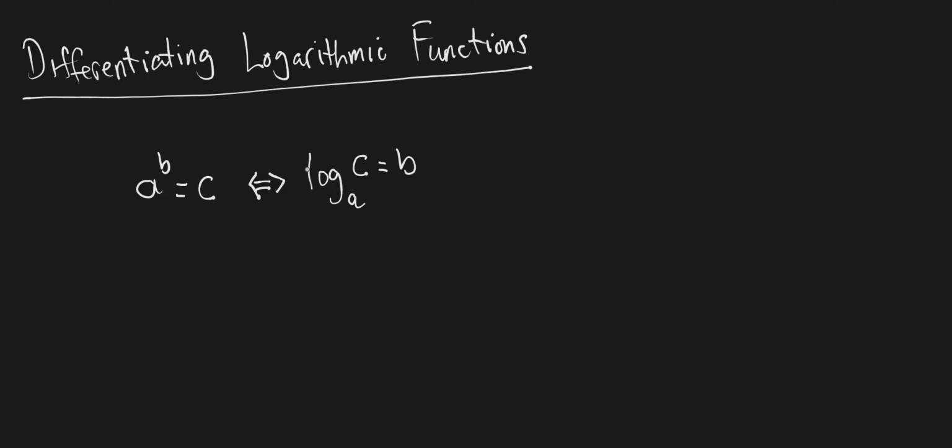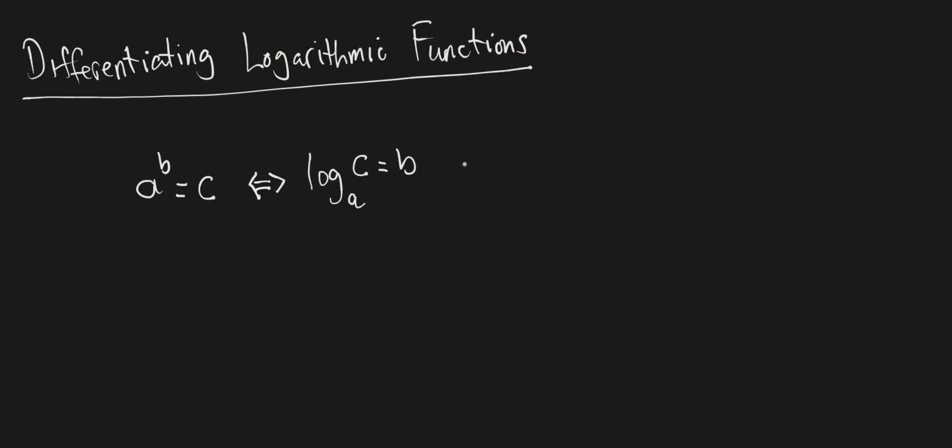So when you look at this form of the equation, the logarithm is actually the exponent to which the base should be raised in order to get this as an answer. In other words, when you ask what is the log of c in base a, it's asking to what power should a be raised in order to get c.